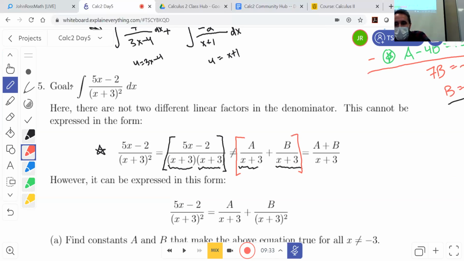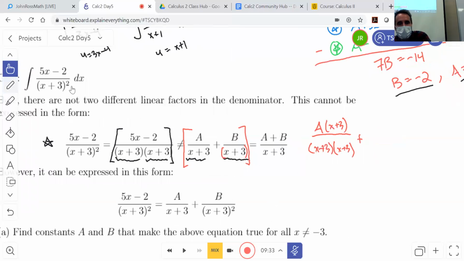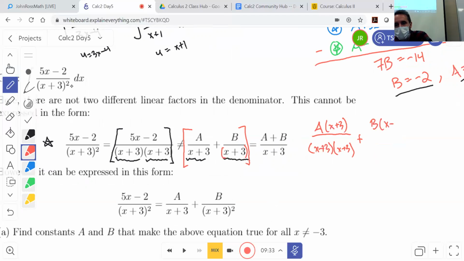If we combine it, we end up with A times (x plus 3) over (x plus 3) times (x plus 3), plus B times (x plus 3) over (x plus 3) times (x plus 3).